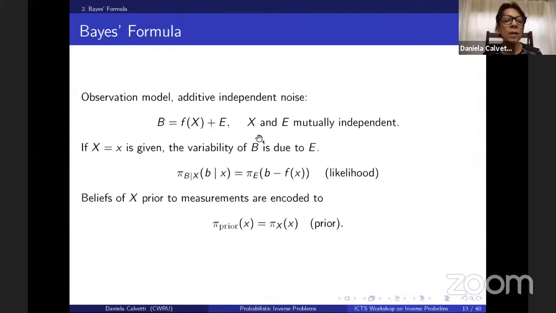And now if X were given, so if we knew X, then the uncertainty in B would be only due to the noise. That would be the only thing which would be uncertain.